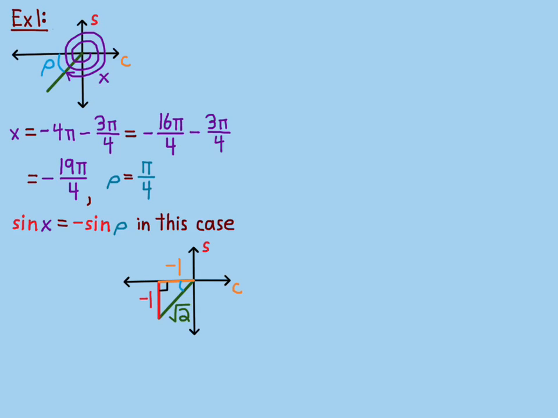And now that I have this triangle, I can write out any trig function of that angle that I want, just using the opposite over adjacent, opposite over hypotenuse, etc. So the only difference between this and what we did in the previous section is I have the negatives there, telling me that from the origin, I'm going left 1 and down 1 to get to this point here. From the origin, left 1 and down 1, so negative and negative.